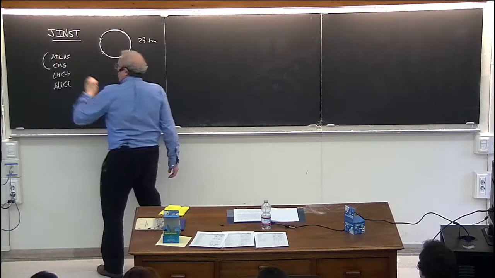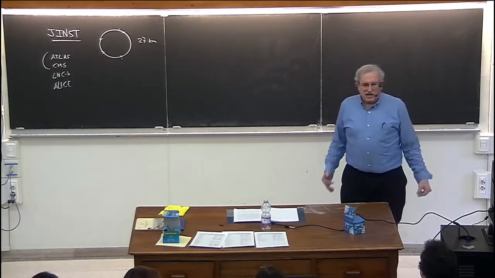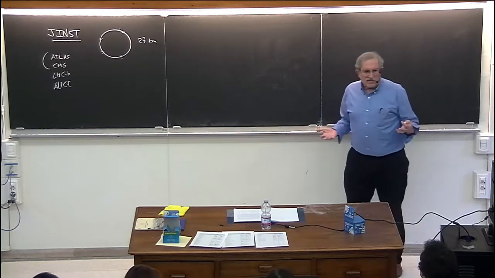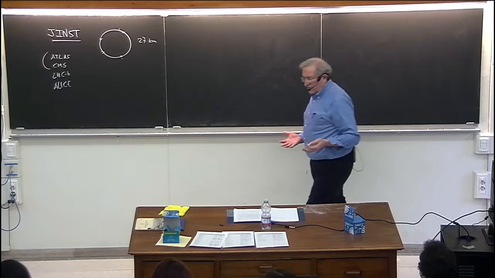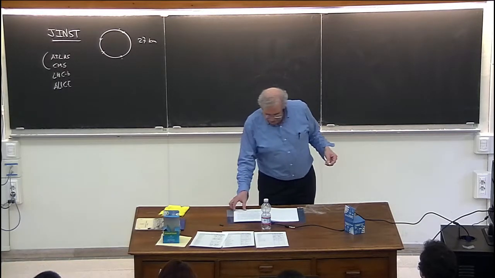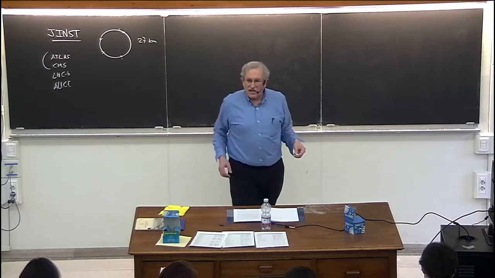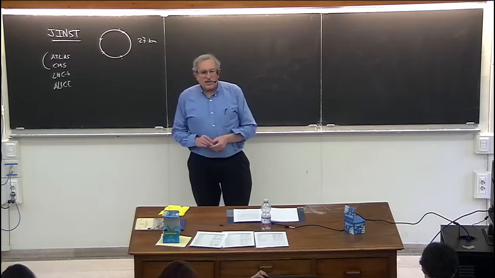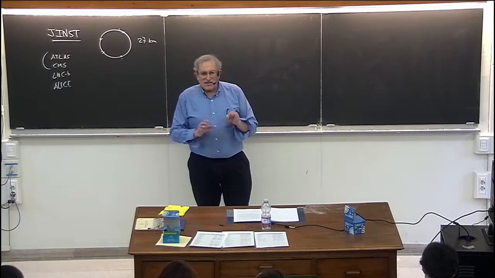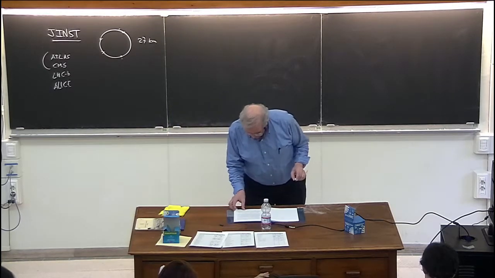Of those, I'm going to concentrate on Atlas and CMS because those are the ones that are most effective in accessing the large momentum transfer physics, which is the main focus of these lectures. So in the notes, there are illustrations of the Atlas and CMS detectors right at the beginning. I hope you all either have your computers open or have copies of these figures, because there are going to be a lot of figures in this lecture, so be aware of that.